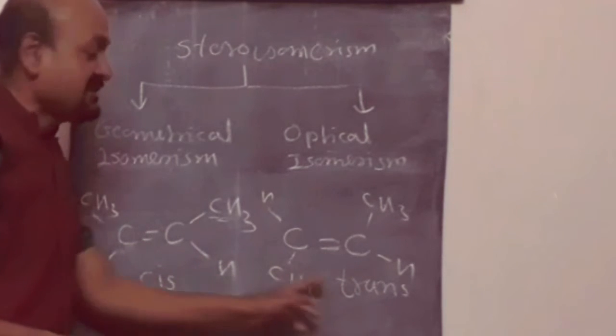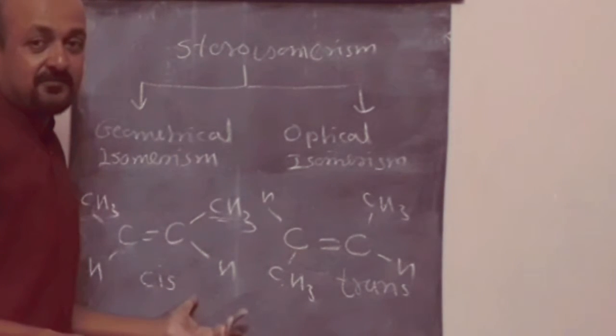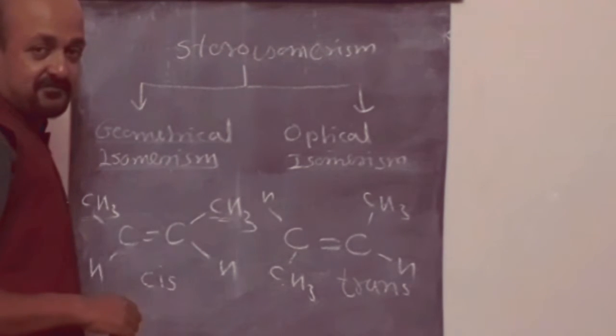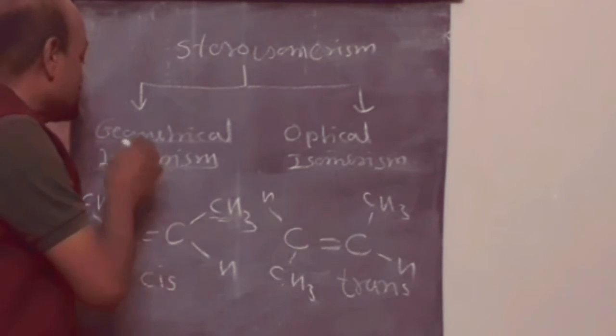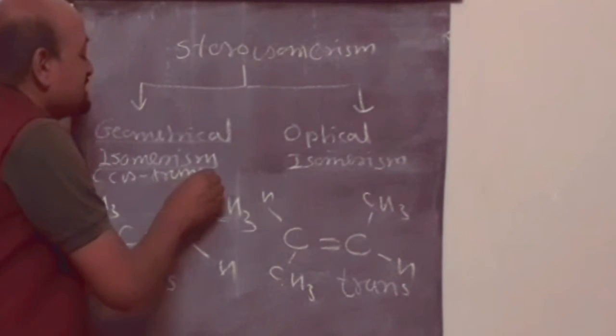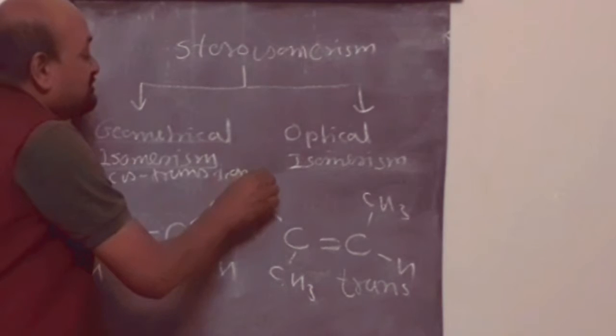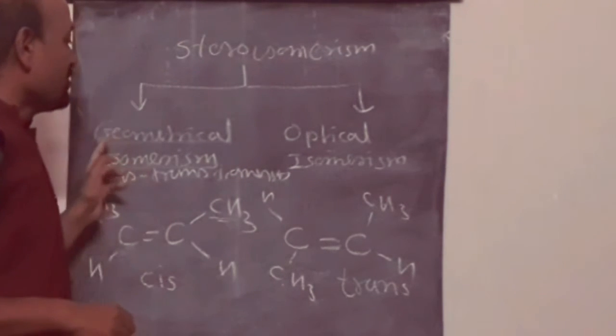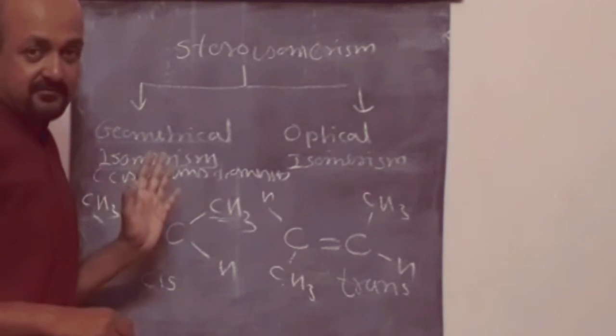These are known as cis-trans isomers, or geometrical isomers. This geometrical isomerism is also known as cis-trans isomerism. So this is all about geometrical isomerism.